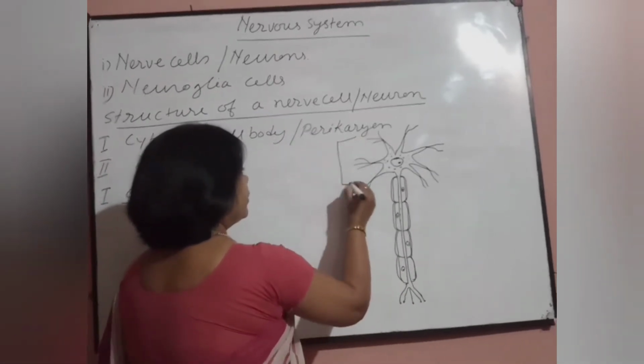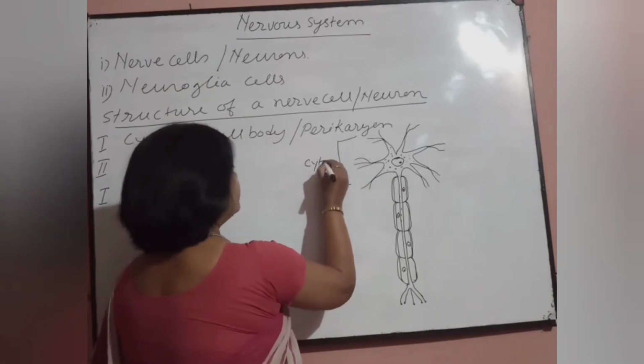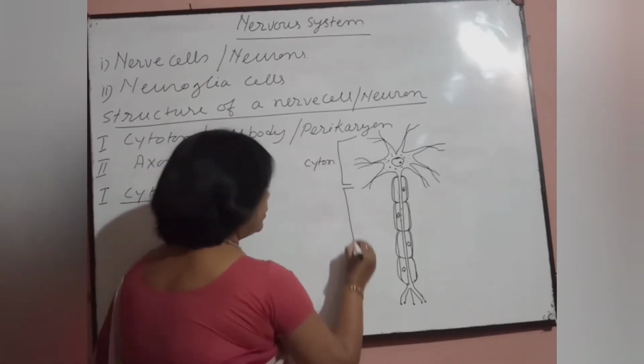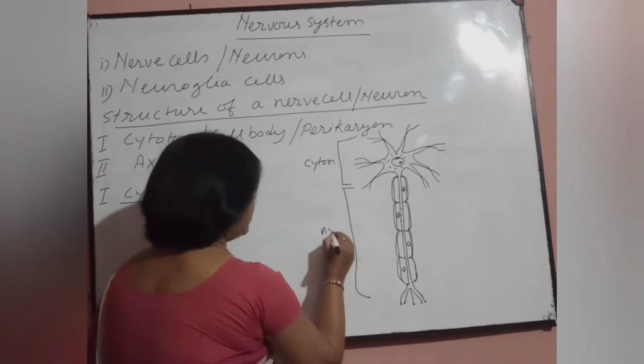This part is called cytone and this part is the axon.